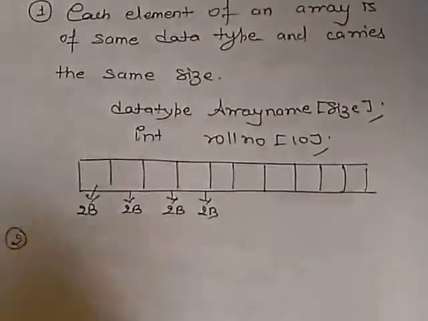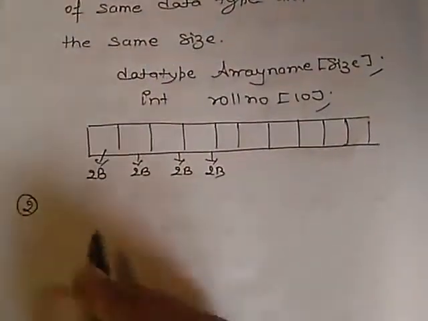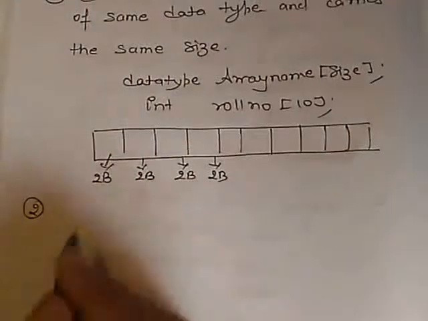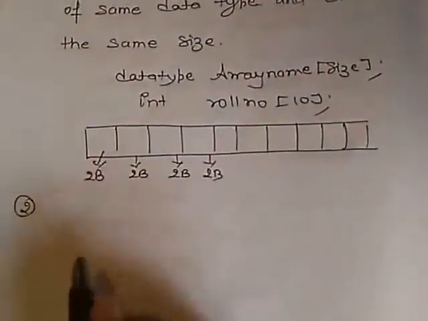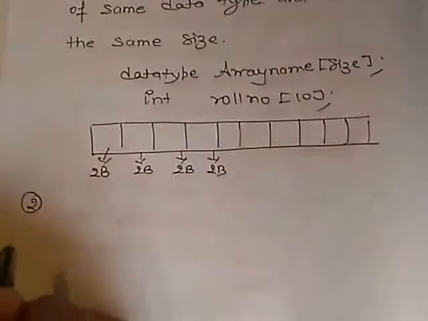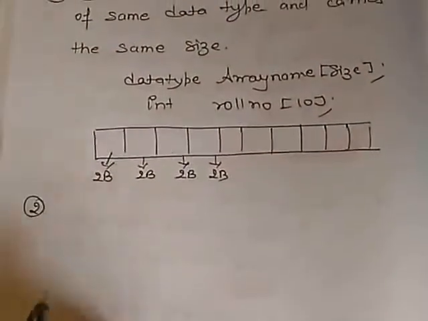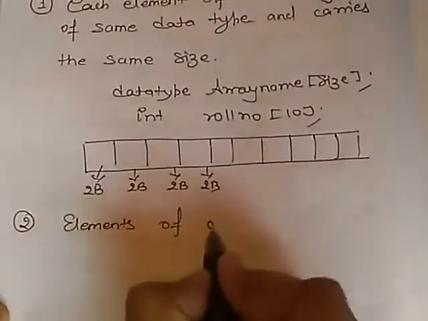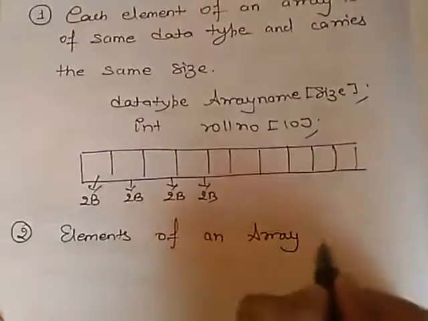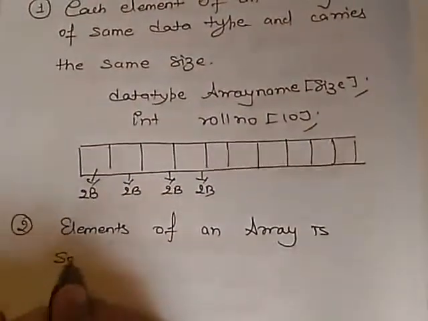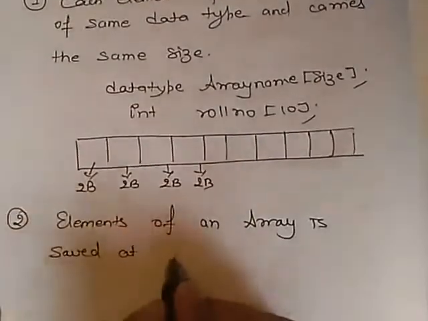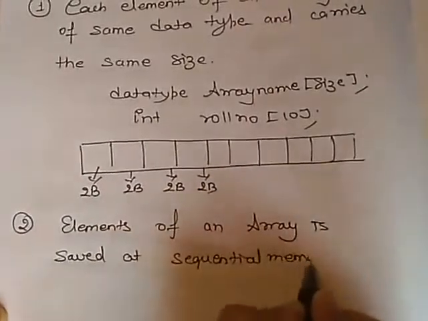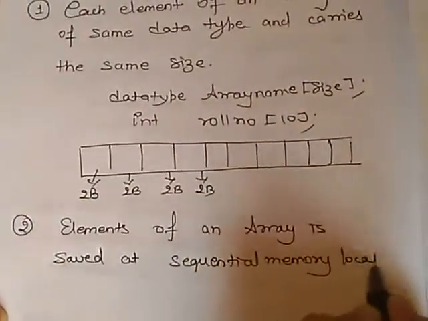Now, one of the most important points about an array is that elements of an array are saved at sequential memory location.